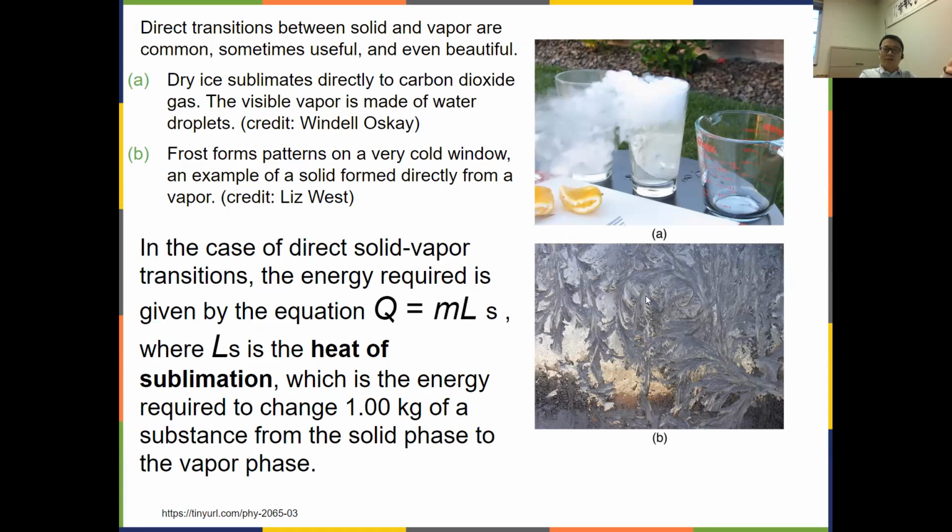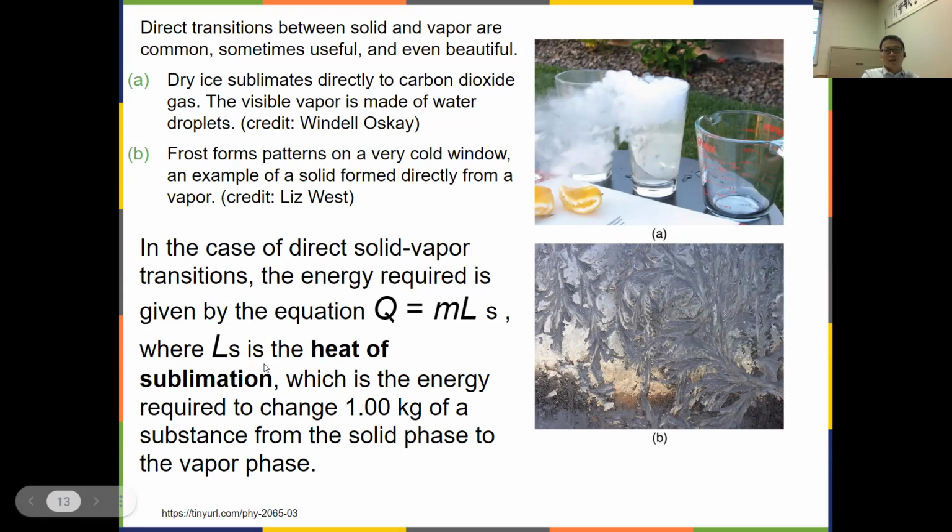This happens in the early morning when moisture vapor in the air becomes ice and deposits on your car's window, so you get a layer of frost on the glass, or on the grass. This latent heat, directly from solid to vapor, is called the latent heat of sublimation, L sub S.